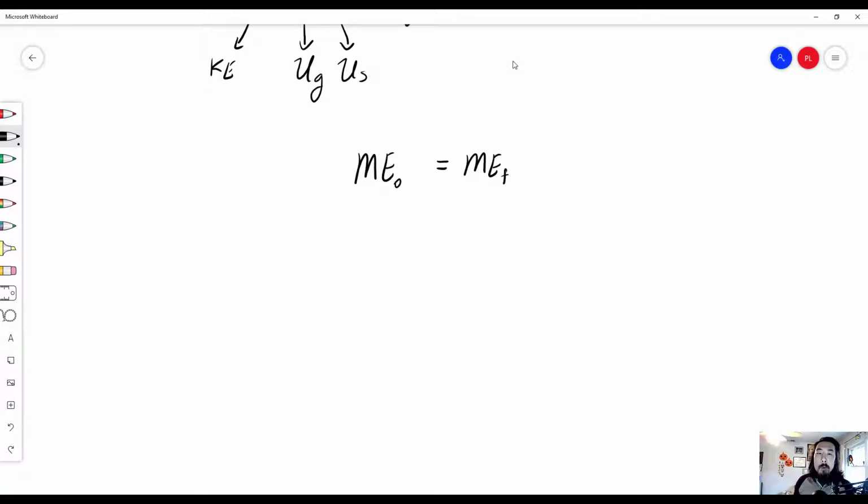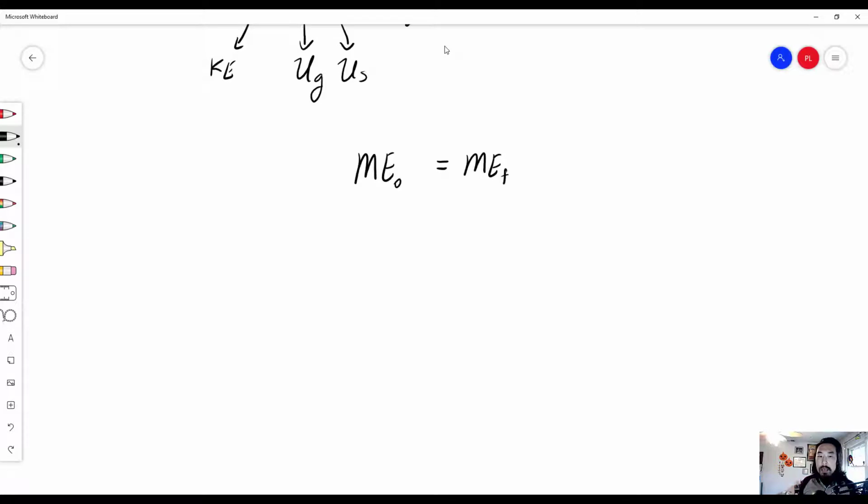For the next couple of steps I'm going to show you, you can skip a lot of the steps if you use a little bit of logic, but the first time you go through these problems, I highly suggest that you don't skip anything and you just follow all the steps step by step, because it does help. Now notice how I put mechanical energy initial is equal to mechanical energy final.